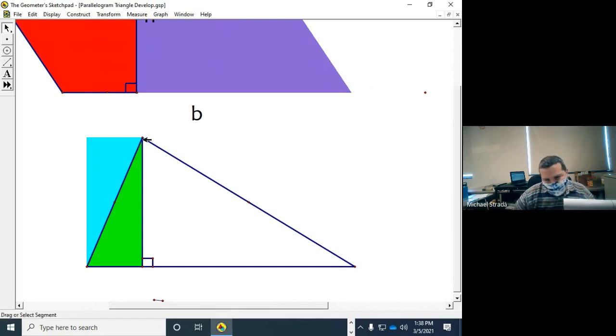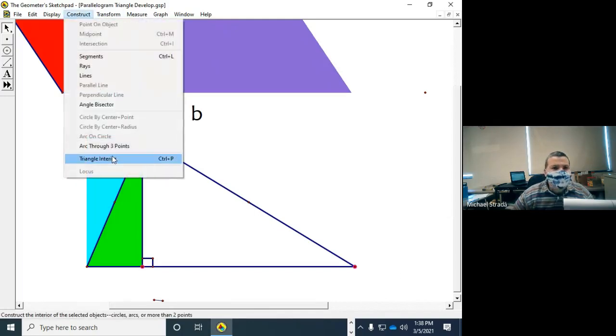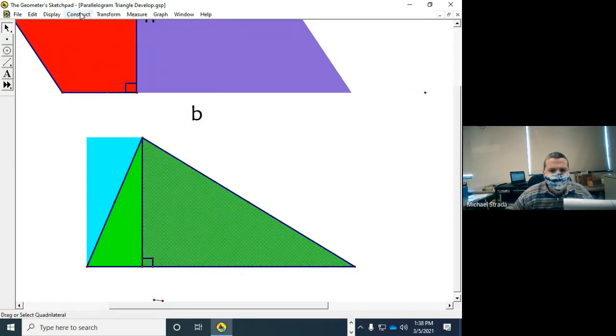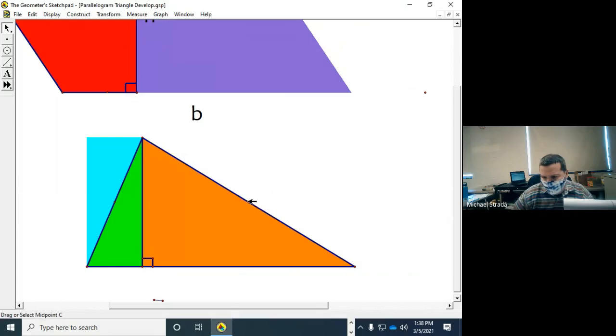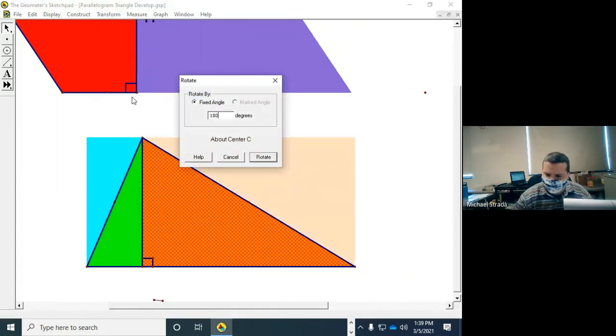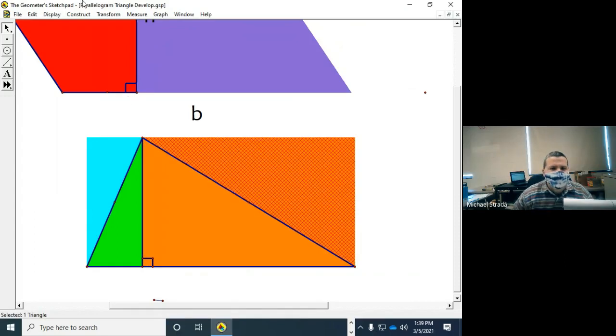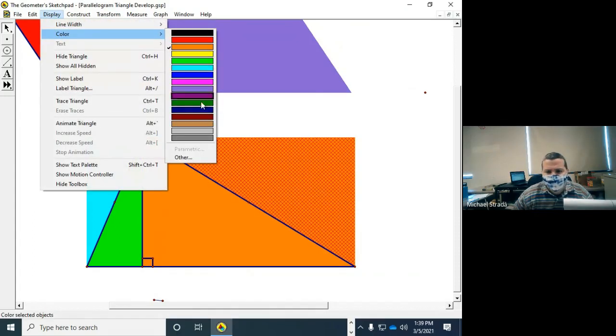If I do the same thing on the other side, triangle interior, display, color, and I rotate it 180 degrees. Make that a pretty color, or non-pretty color, depending upon your perspective.